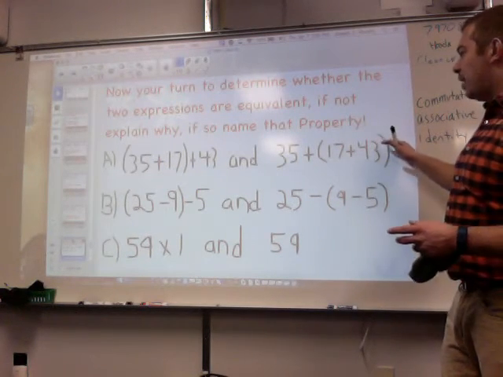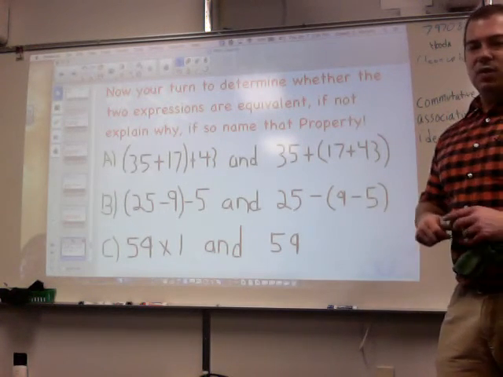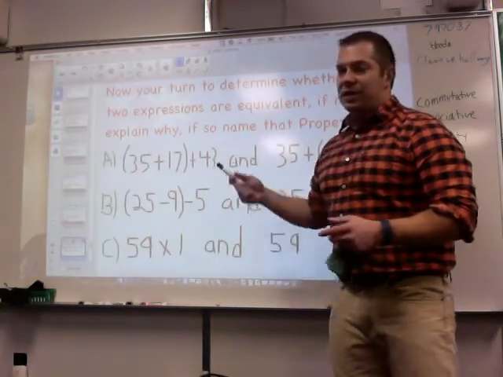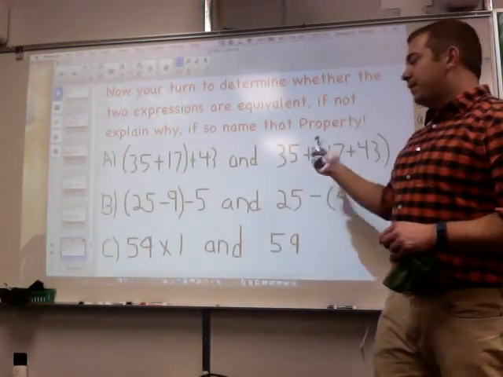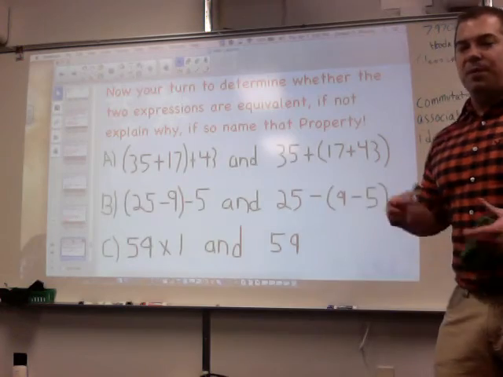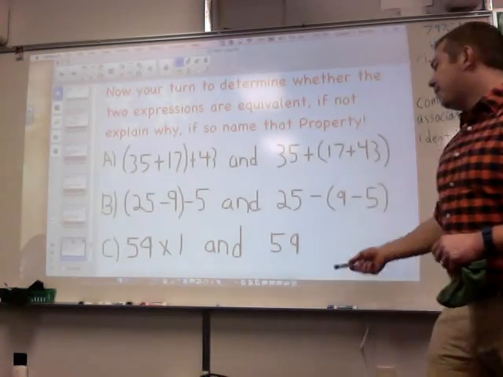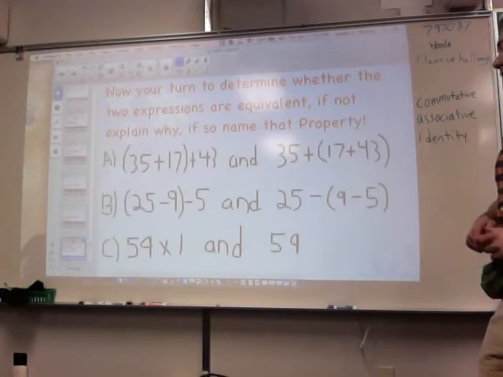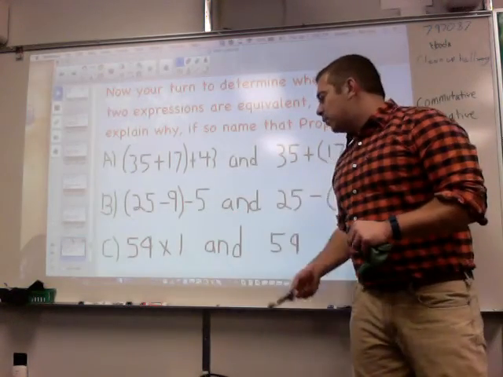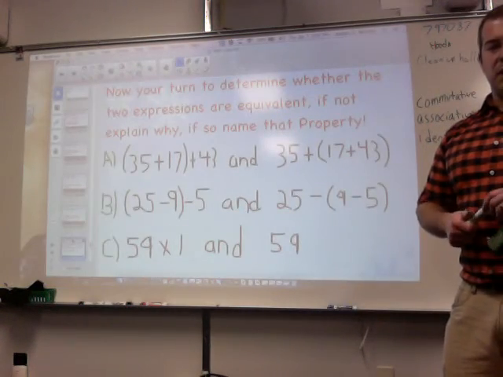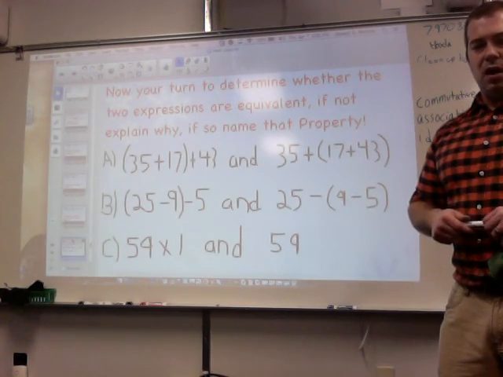We changed around the parentheses. Will these both be equal? Either yes or no. If yes, what property? If no, explain why. Same thing for 25 minus 9 minus 5, and 25 minus 9 minus 5, and 59 times 1 and 59. All right, bring your work in tomorrow, and I'll see you when I see you.